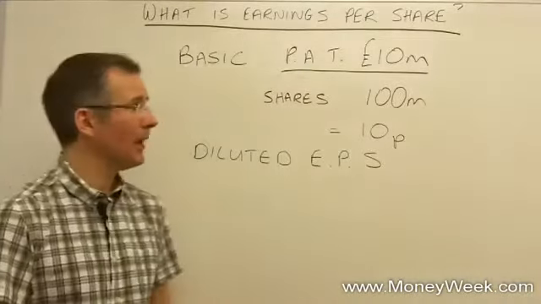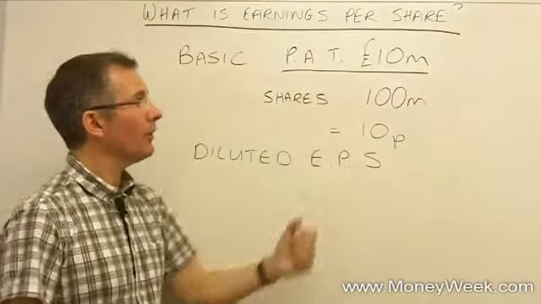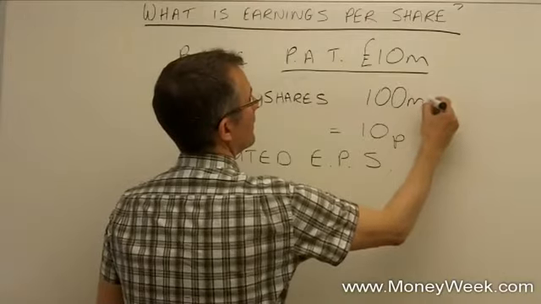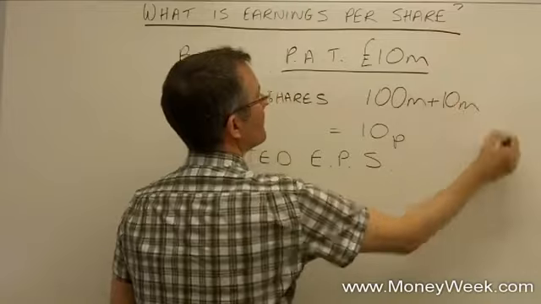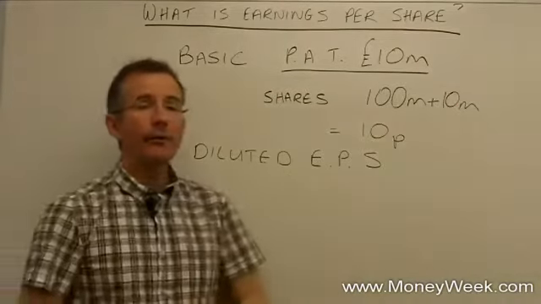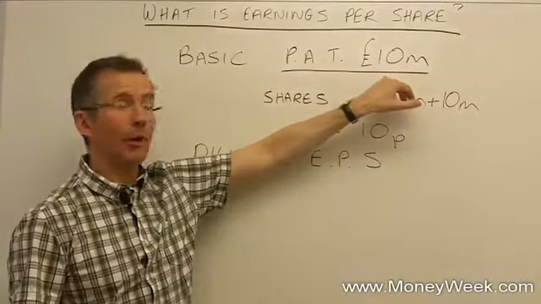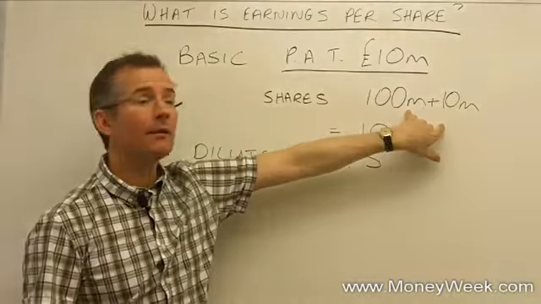So diluted earnings per share would say, well actually, maybe existing options could create another, for argument's sake, 10 million shares. And if that's the case, 1 year's profit after tax for the last 12 months won't change, but the bottom of this formula does.